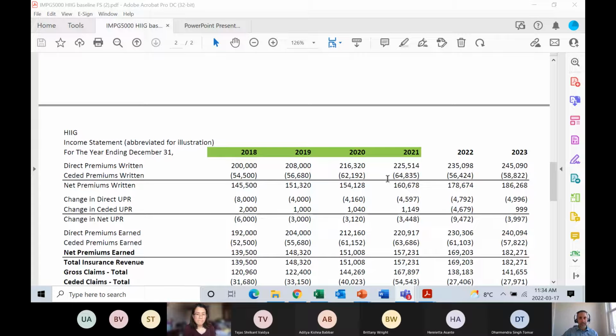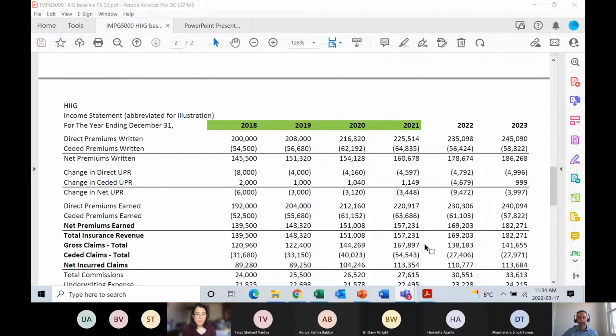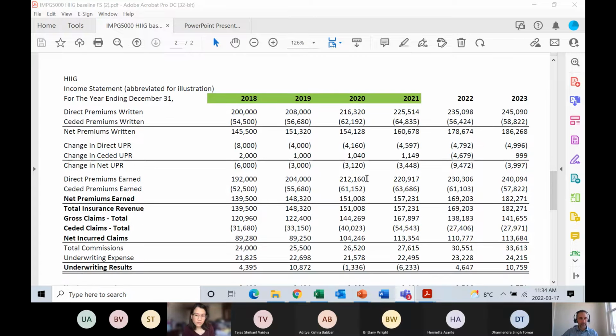When you look at the ceded business going down, you are going to have less ceded claims. So one ratio you could look at is the ceded claims versus the ceded premiums, to see, is it a good deal for the insurance company or not? Taking out the more detailed look at commissions that would be related to it in some cases.